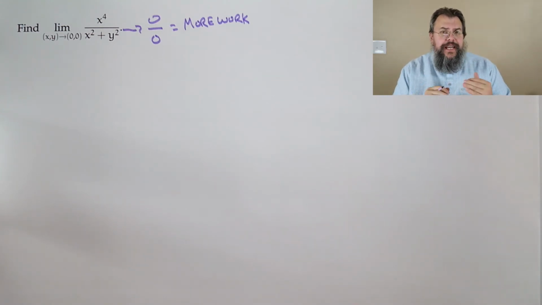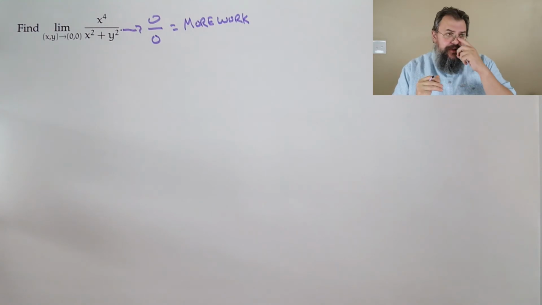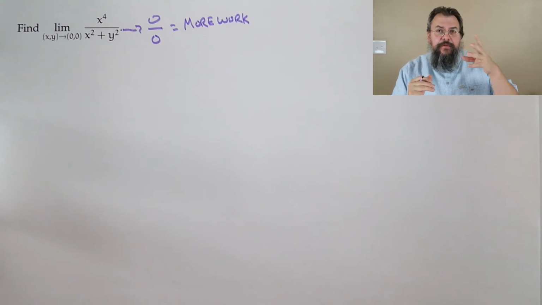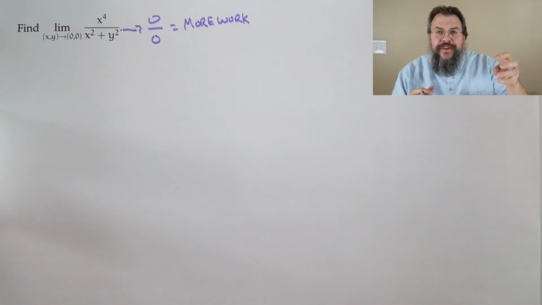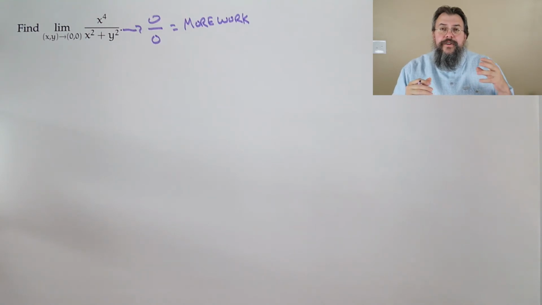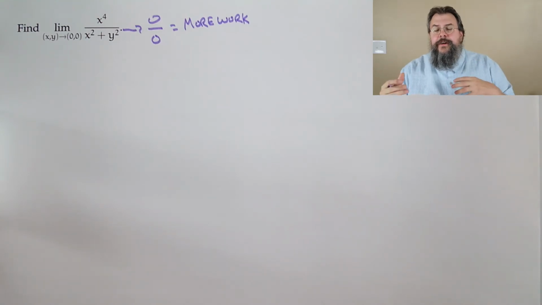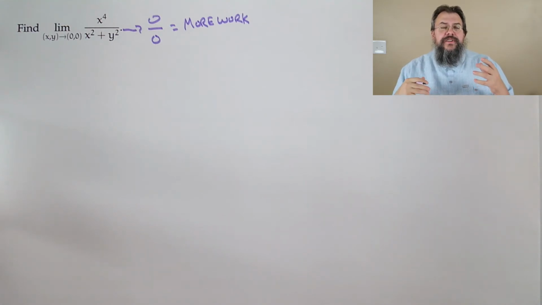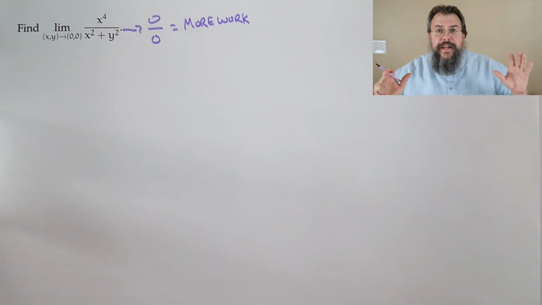So you're like, okay, the numerator should be going to 0 a lot faster, right? Because a small number to the fourth is going to be a lot smaller than a small number squared. So intuitively, our numerator is going to 0 faster, so it feels like we should be going to 0.